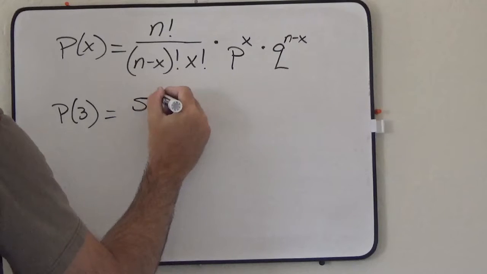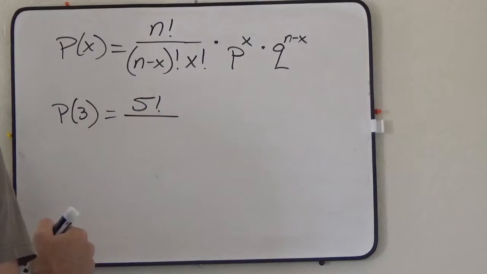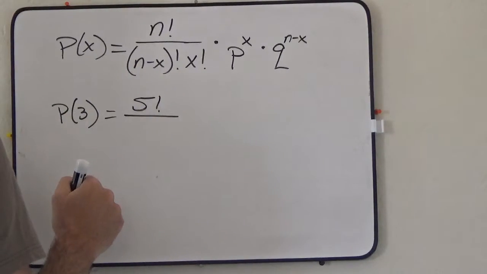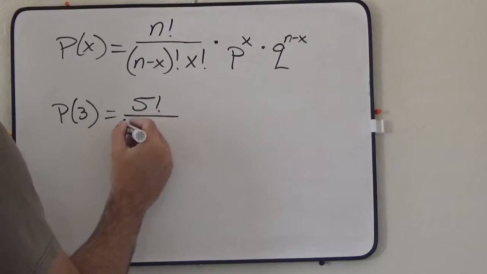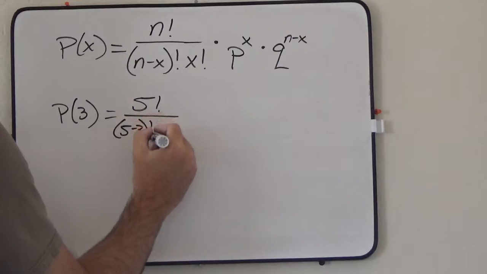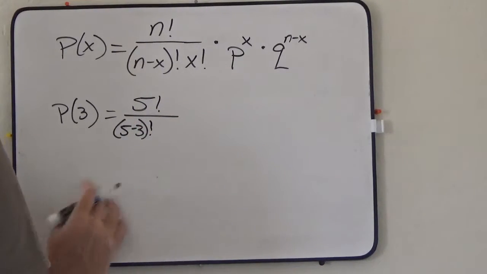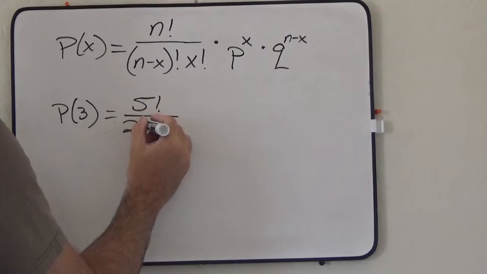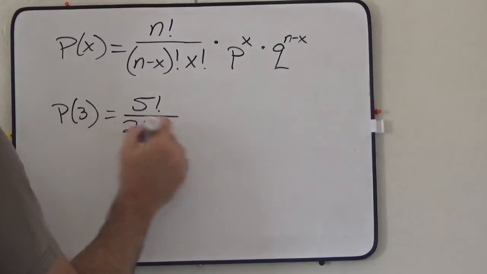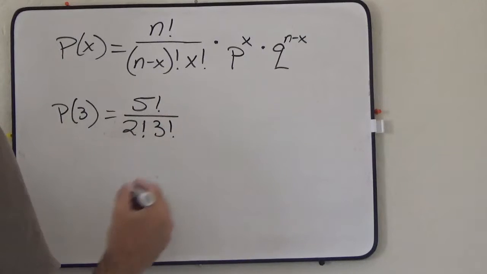So this is 5 factorial. N minus x would be 5 minus 3 factorial, which is 2 factorial, right? So I'm just going to write 2 factorial right here. And x factorial is 3 factorial.